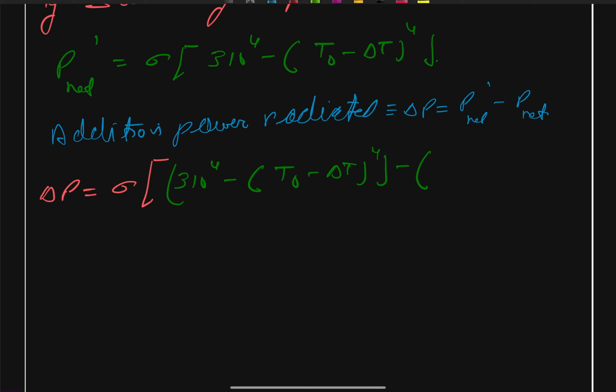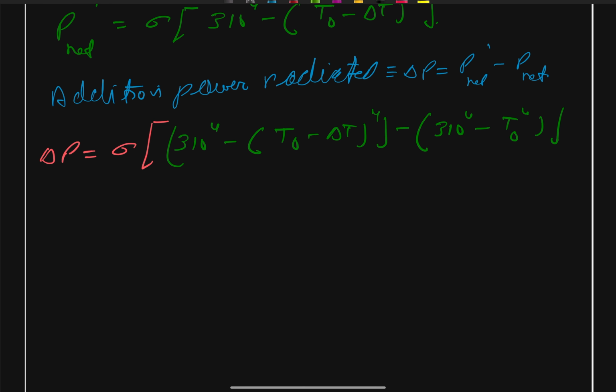Minus, and P net was 310 raised to power 4 minus, let's keep T naught as T naught. So from here this will be coming as minus and this will be coming as plus.